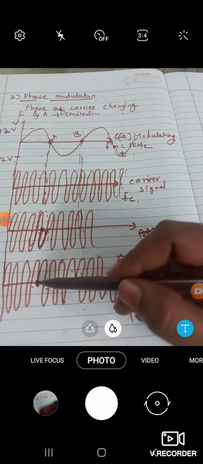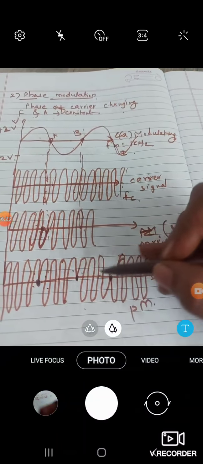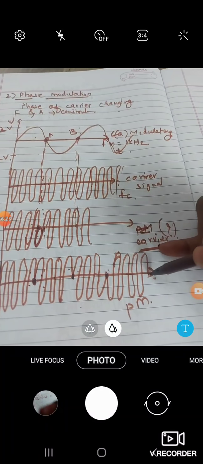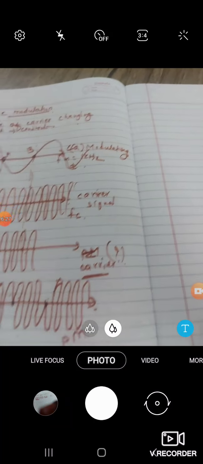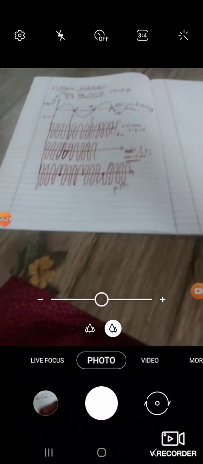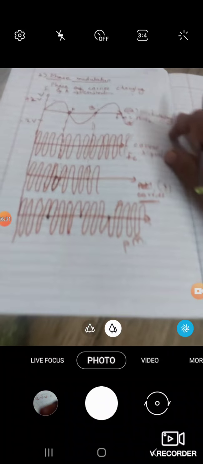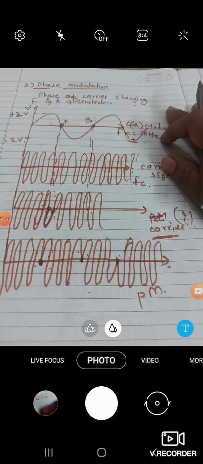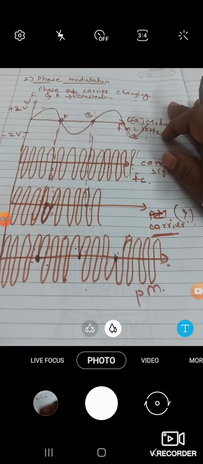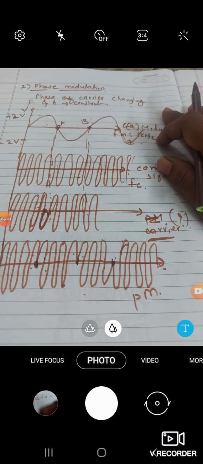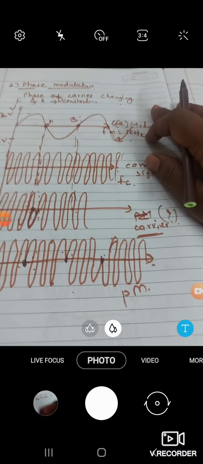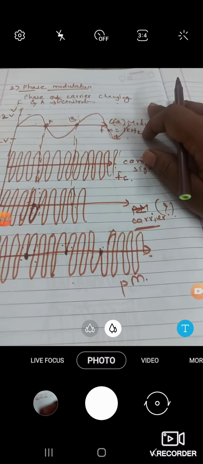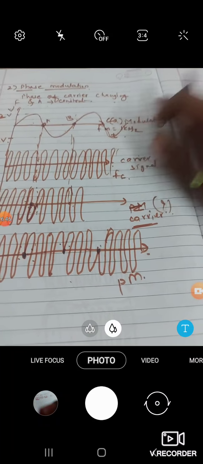After doing the modulation, the phase is changed by 180 degrees at the respective points. And again remember, where the phase is going to change in phase modulation, the phase is going to change only at the point where transition takes place from positive to negative or negative to positive. That is the concept of phase modulation.